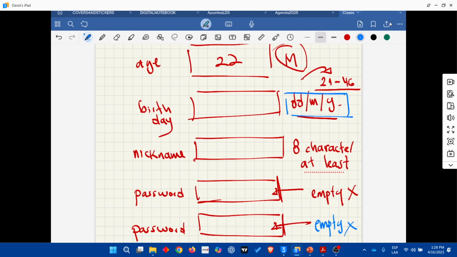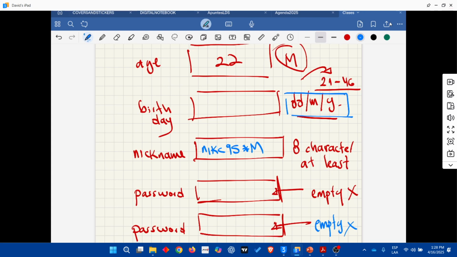So let's suppose here 1, 2, 3, 4, 5, 6, 7, 8. Let's suppose that this is our username. Okay. Now, validation is your process.